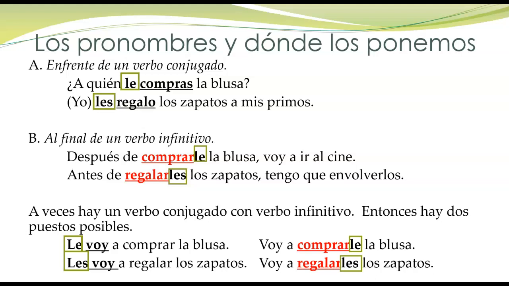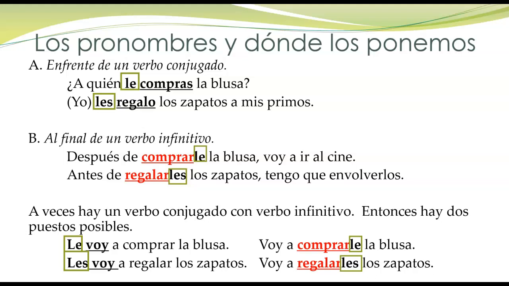So we can see that here I only had one infinitive in that clause. So if we look at the clause, después de comprarle la blusa, the le has to attach to the end of the infinitive. There's only one verb, it's an infinitive. The same thing with antes de regalarles los zapatos. Again, in that clause, we only have the one verb, regalar. It's infinitive, so it attaches.